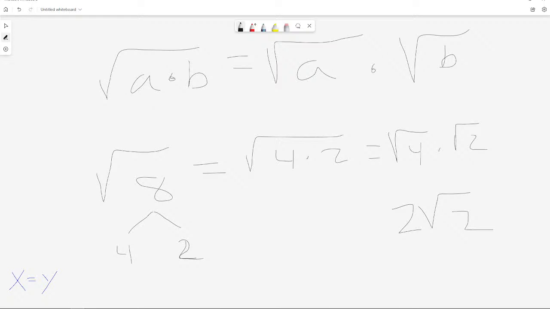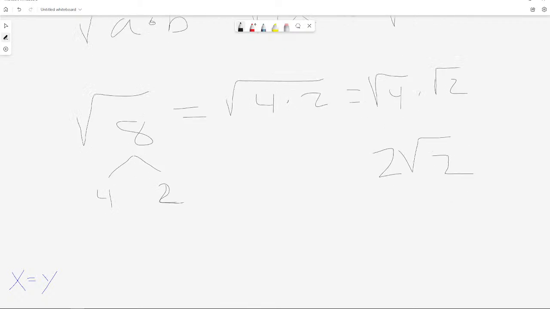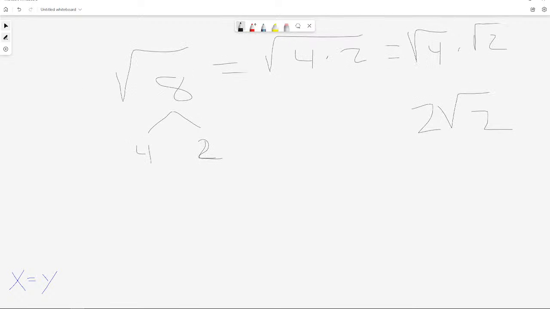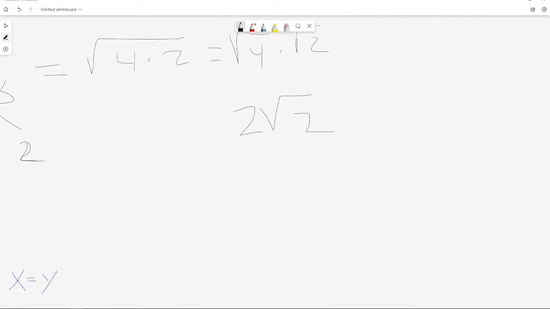So that's a simplified irrational number. But you're often asked to round to a certain decimal place. In that case, we would use the calculator to find the decimal approximation. So you can reduce this to approximately 2.83.